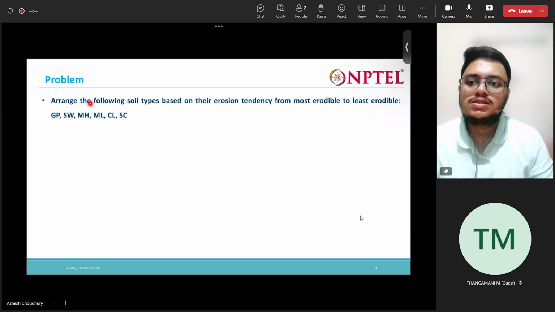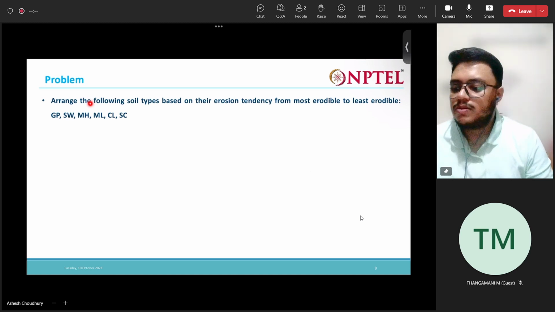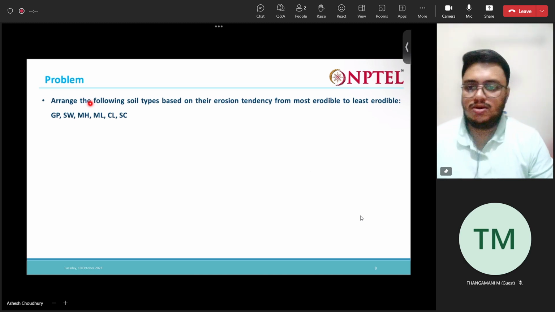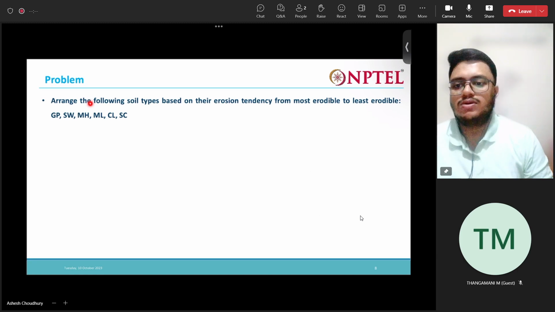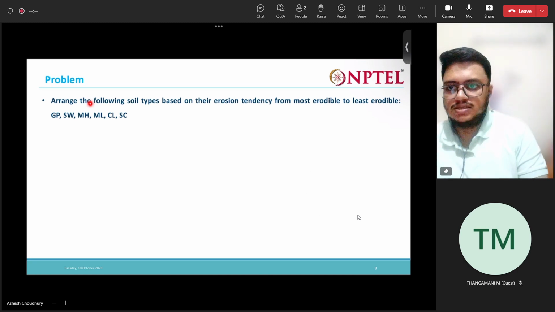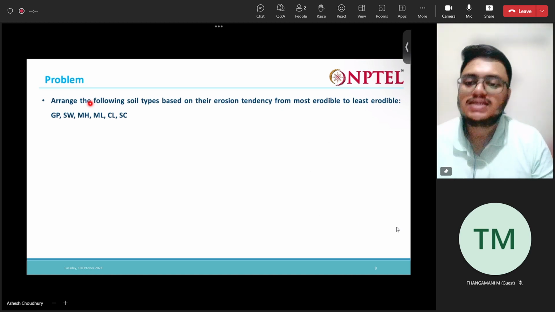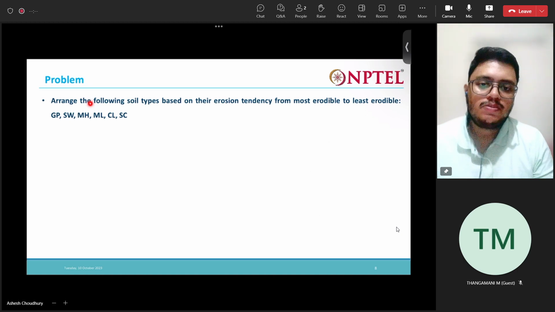So what do you think, which one will be the least erodible? Just a guess. Just by seeing, we can say. We know that if the particle size is more, then it will be less erodible, right?